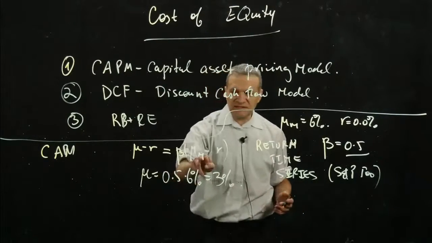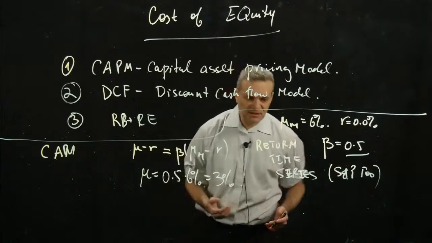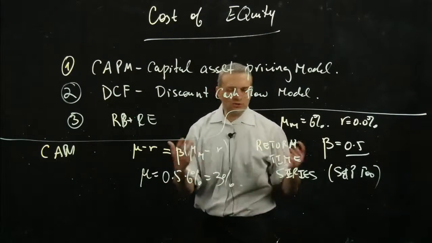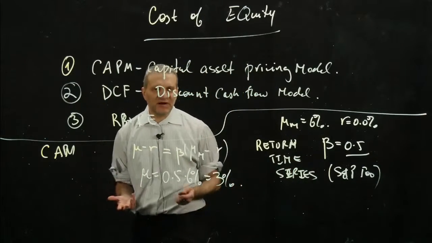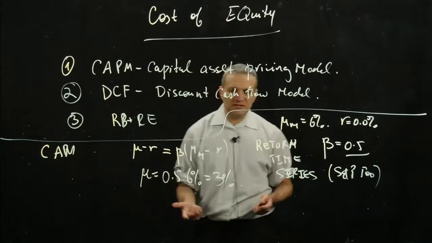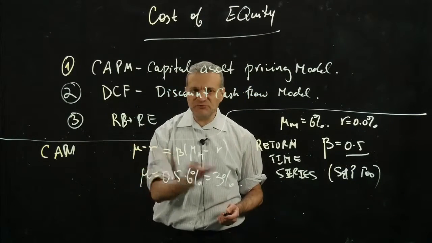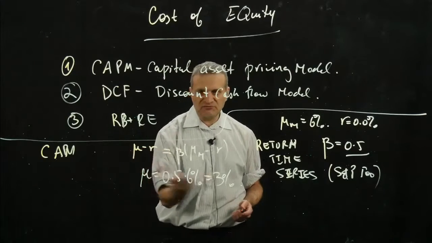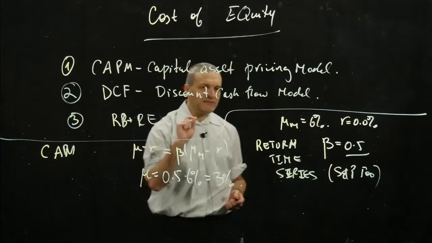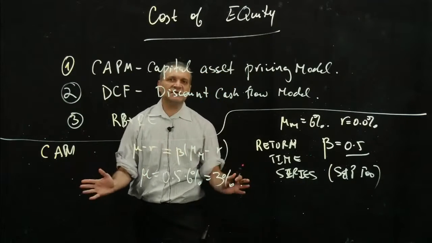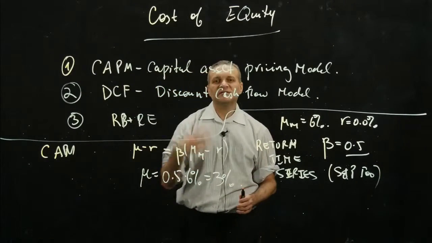In that case, you replace mu market with the Russell index. You can find the beta using a simple regression analysis, and once you find the beta, you can find mu from this equation. Everybody can do it, and that's why this method is somewhat acceptable.